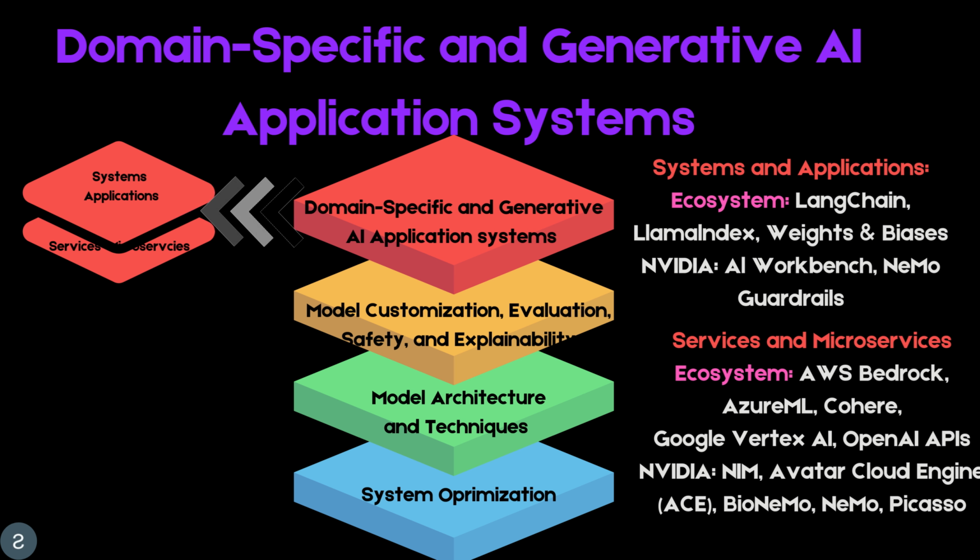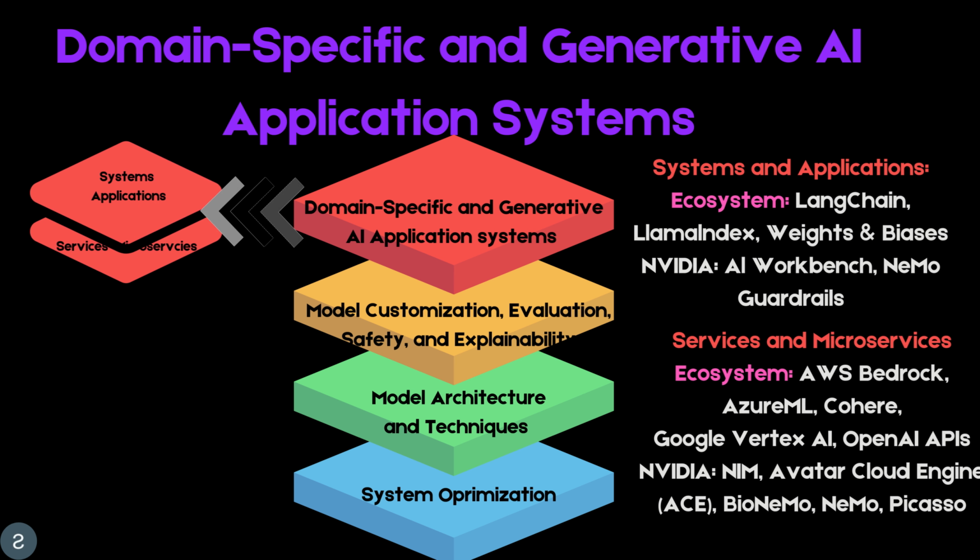Then we have domain specific ones for specific domains like healthcare, finance, and more. NeMo provides pre-trained models and tools for expert development. We also have model offerings from third parties like AWS Bedrock, Azure ML, and other cloud providers as well.